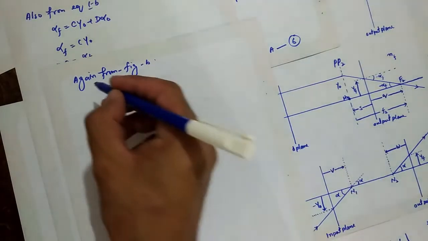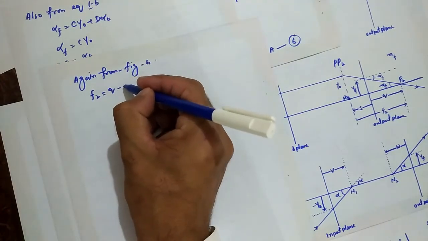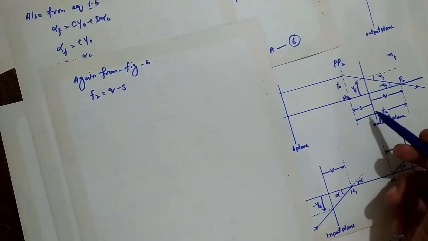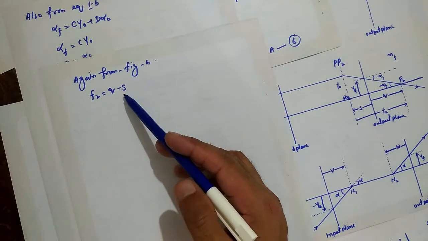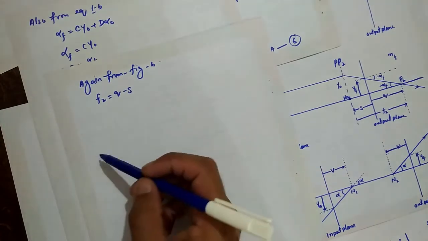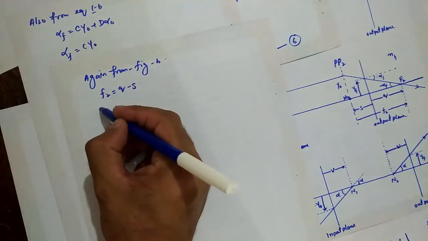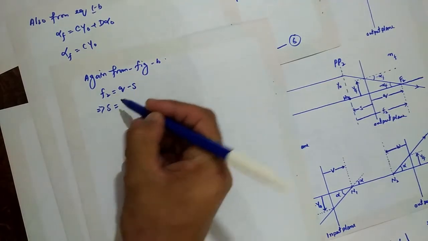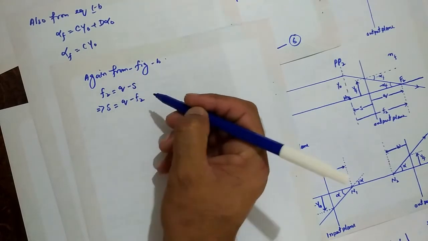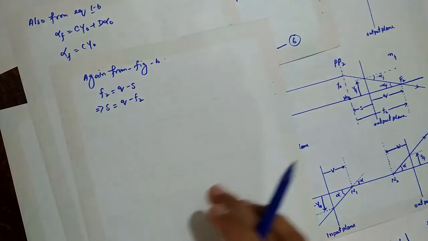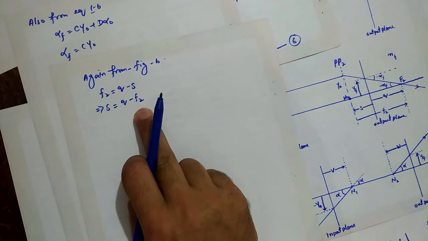this f2 is equal to q minus s, because s is directed toward the left, therefore I have taken it negative. Or s will be equal to q minus f2, but we have calculated q and f2 as well.